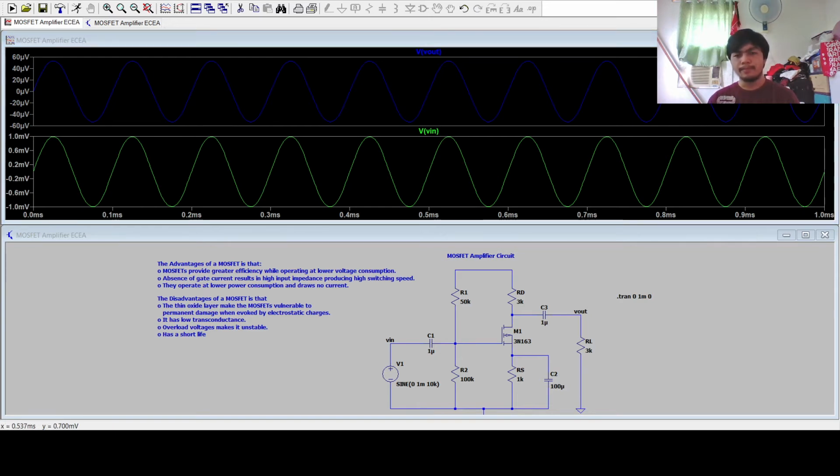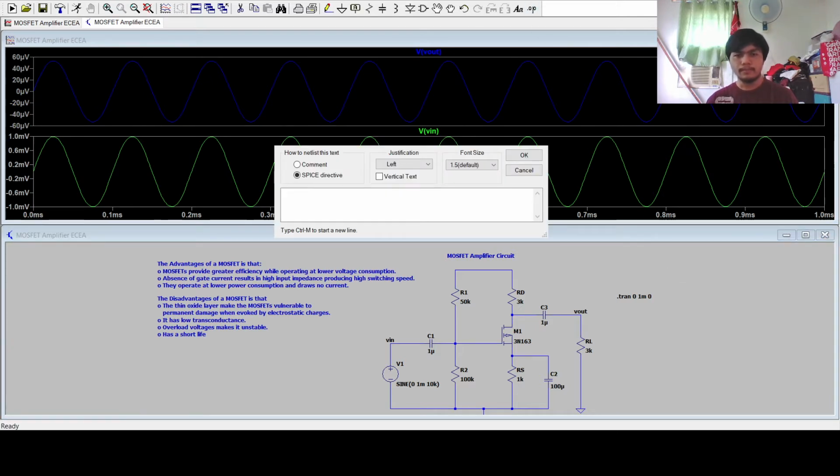For the measured parameters of power, bandwidth, and amplification factor, we will be using the commands in LTspice. To get the bandwidth, we will use .meas for measure, T1 find time when voltage input is equal to 0.5m.